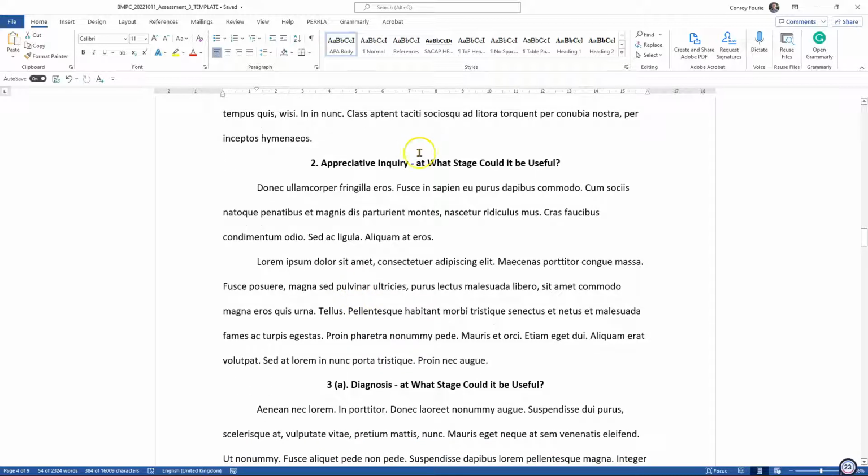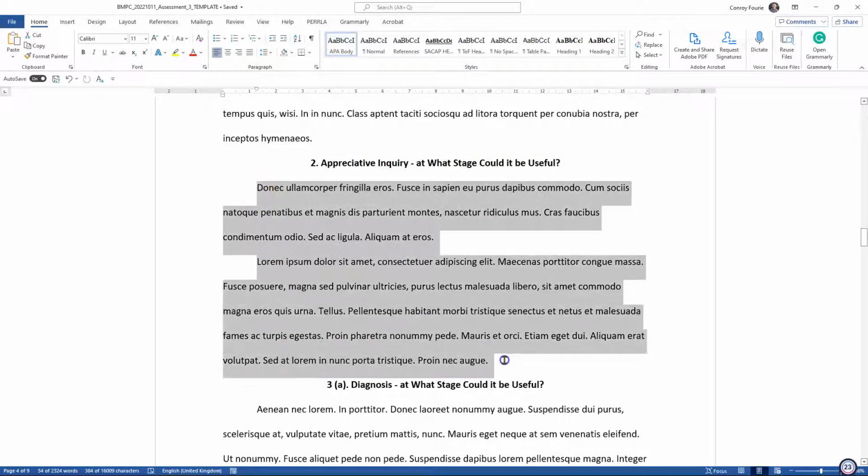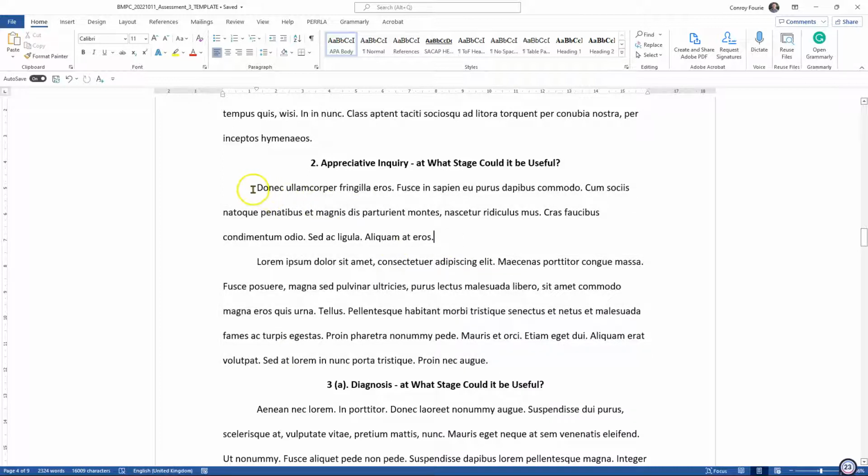So, for example, with the appreciative inquiry, at what stage would that have been useful? You have, let's say, roughly 100 words to write here. And you can see here you need to be very thoughtful in writing your answer to do justice to this question, and then also identify the stage and then motivate it.